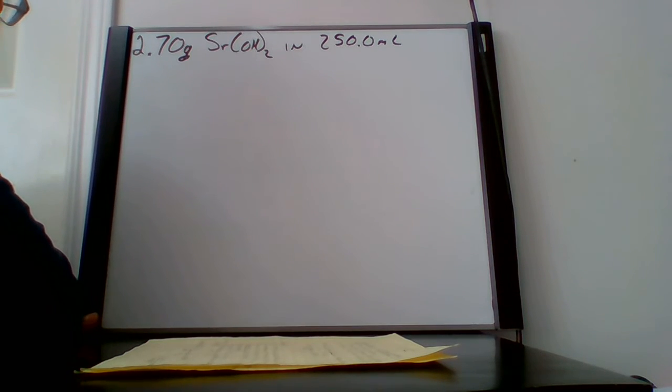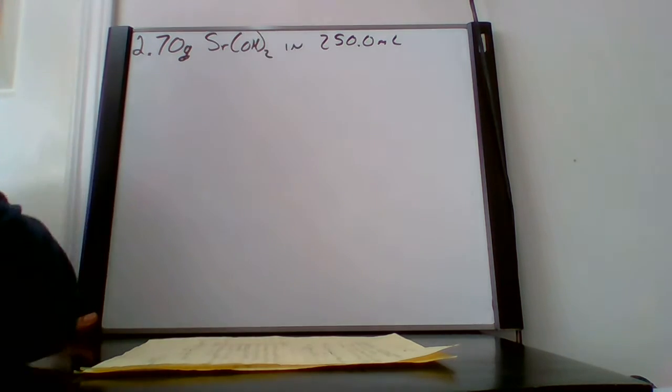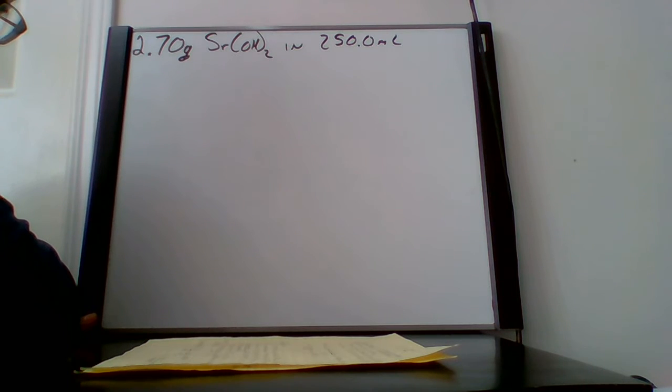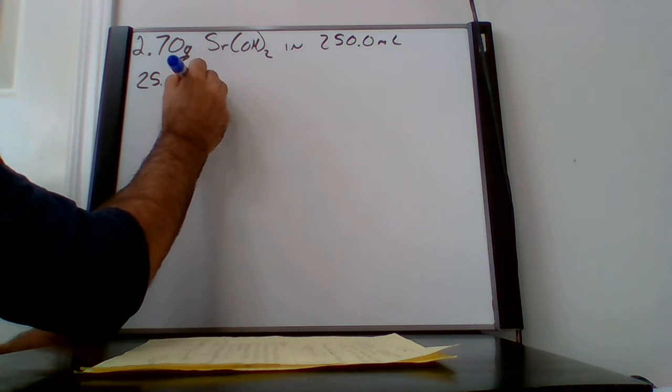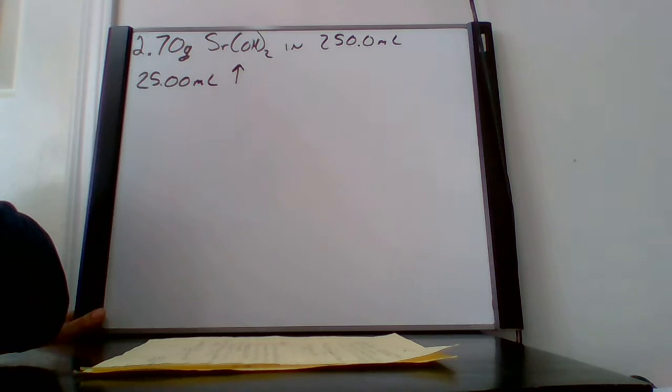We take 25 mL of this solution, and we neutralize that with 31.39 mL of hydrochloric acid. So let's say we take 25.0 mL of that.